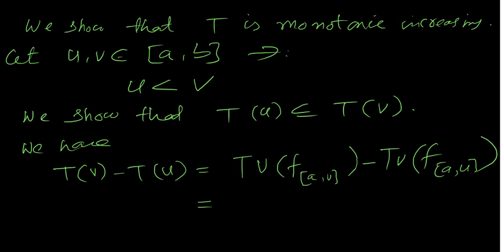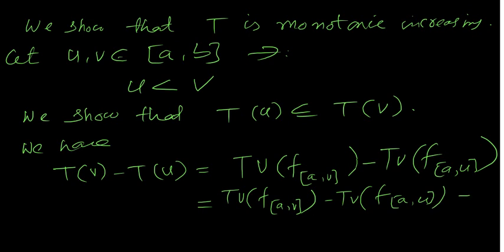If I write here plus total variation over u to v and minus total variation over u to v, I will write this as: the total variation of f over the interval a to v, minus the total variation of f over the interval a to u. Then I will write minus again the total variation over u to v.